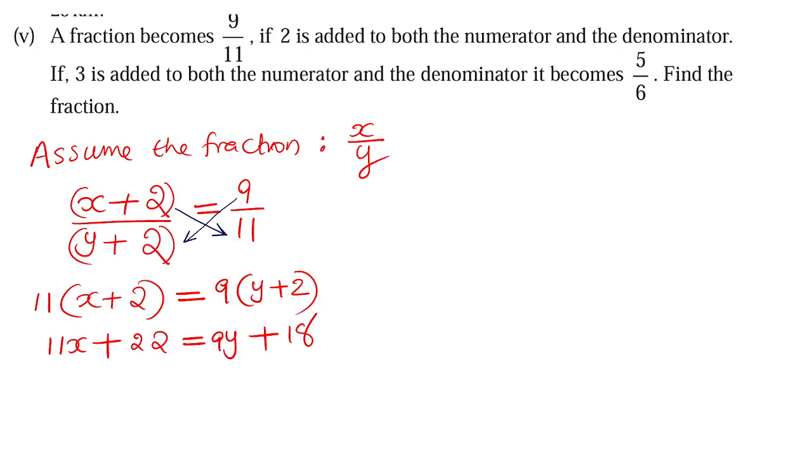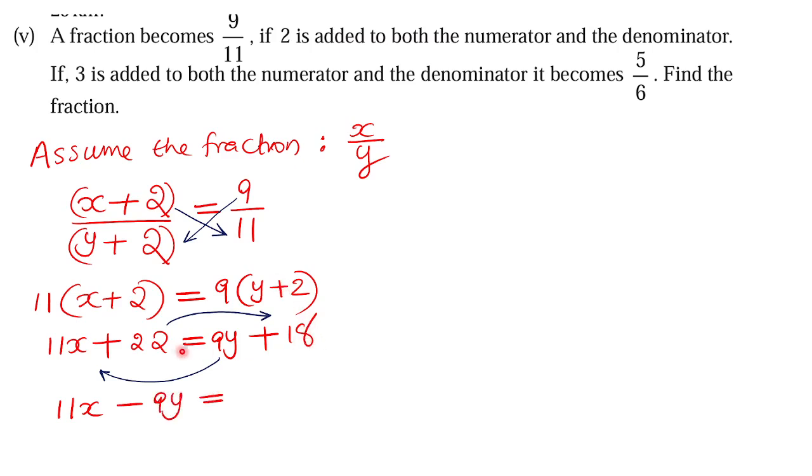I want all the variables x and y to be on the left hand side, and the numbers to be on the right side. I prefer that. So 9y is taken to the left side. Left side will be 11x minus 9y.